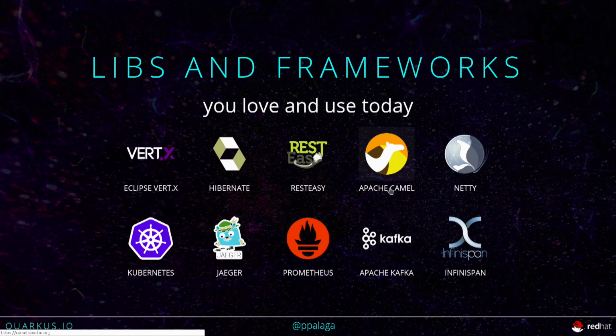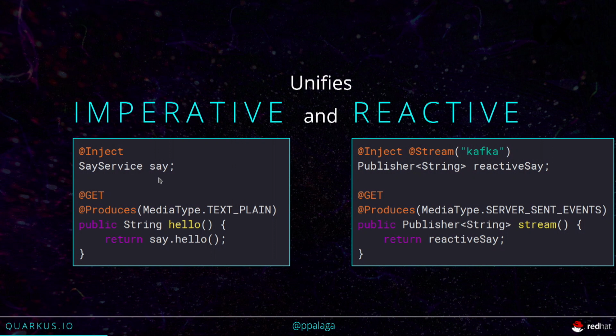There's some support for Apache Camel and Kafka. There's a client for Infinispan cache. And there's Vert.x for reactive. This means that you can use both imperative and reactive styles in your applications however you prefer.